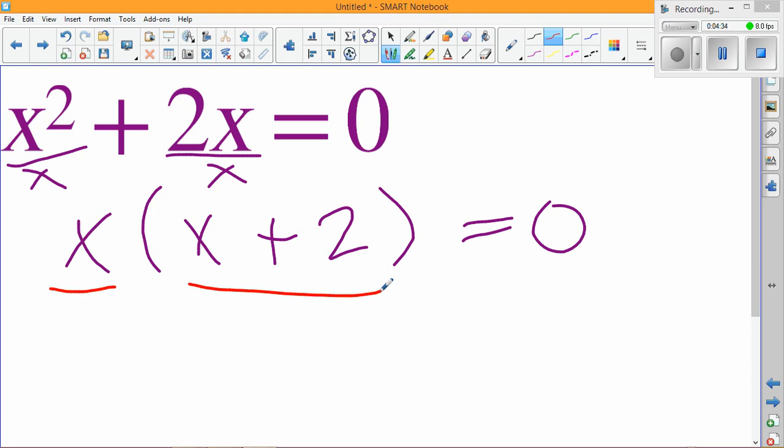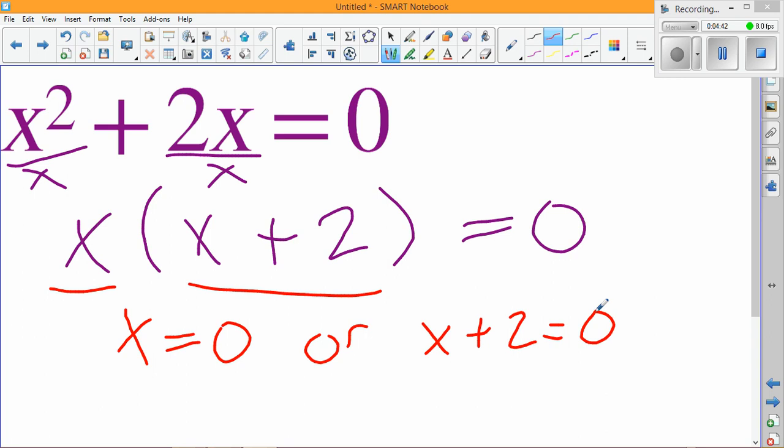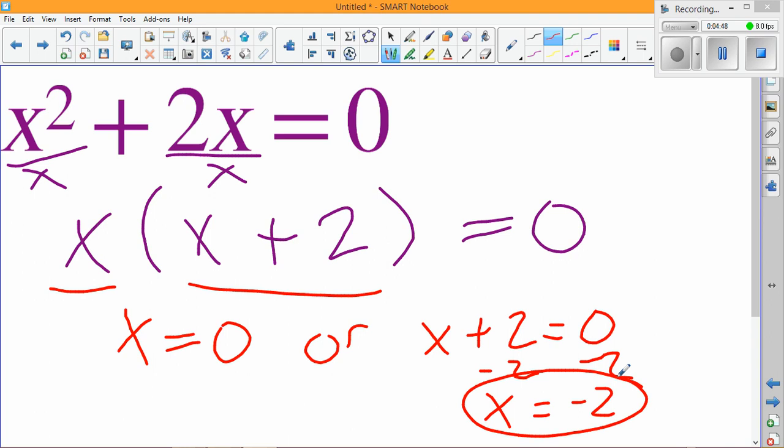Well, that just means that either x is equal to 0 or x plus 2 is equal to 0. And we can subtract the 2 on both sides, and we'll get x is equal to negative 2. So the solution set is either x is equal to 0 or x is equal to negative 2.